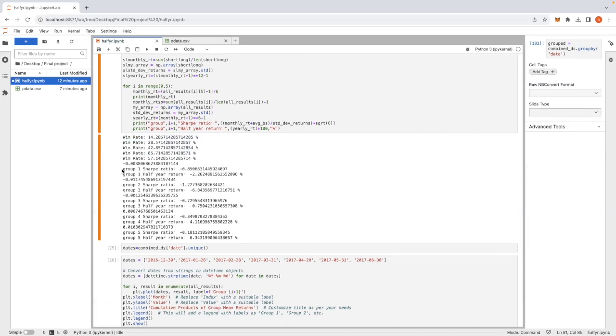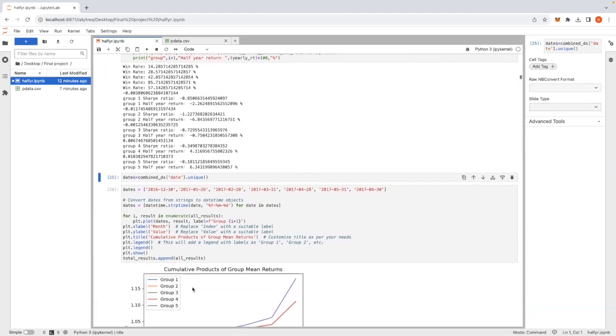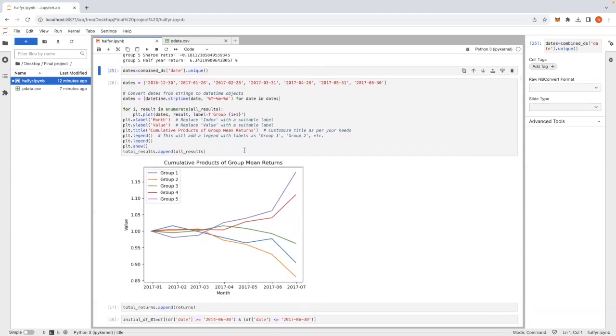And I also calculate the Sharpe ratio of each group, and we can see there's a linear relation between the groups. From the first group to the fifth group, we can see the return increases. Then I draw a graph, and we can see the difference between those groups is significant.